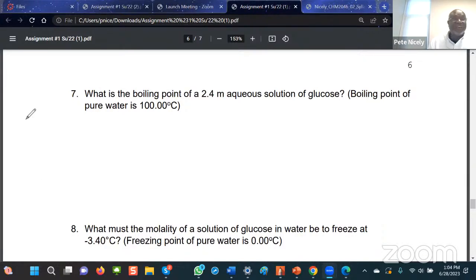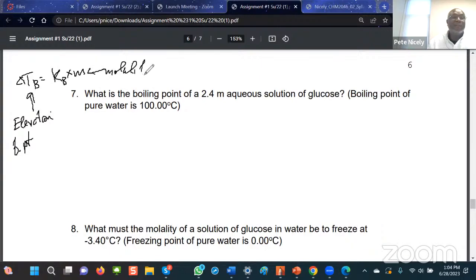It's delta TB is equal to KB times M, right? Remember, this is the elevation in boiling point. This is the molality. And KB is the boiling point constant.